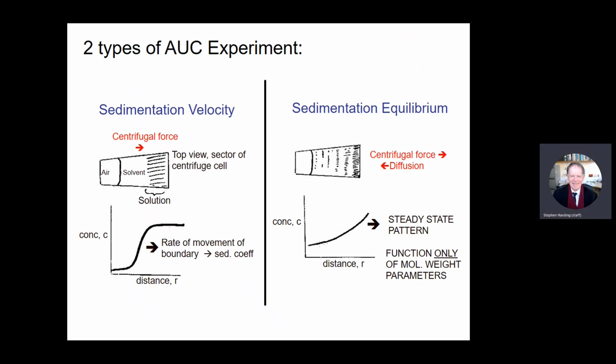So if we want to use this for measuring molecular mass or molecular weight, then we have to have some sort of calibration. Alternatively, which allows for confirmation or correction of confirmation, we can run at a lower speed, say at 15,000 revolutions per minute.